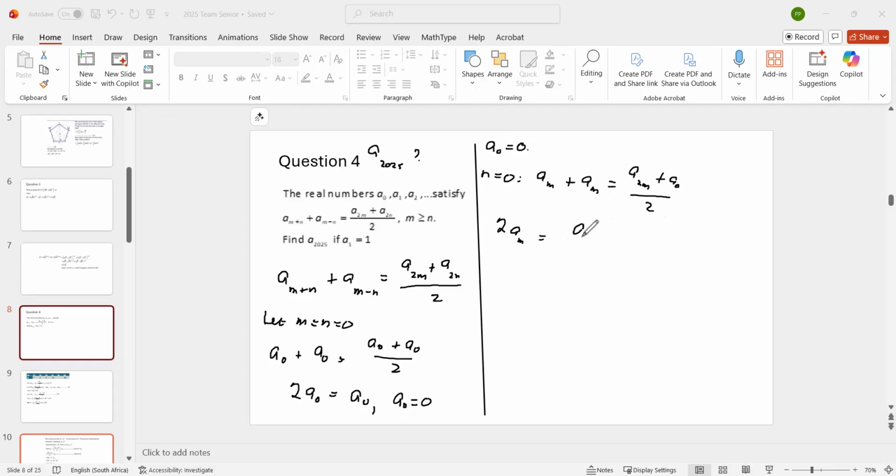So this is a subscript 2m divided by 2. And you have a nice equation: a subscript 2m is 4a subscript m.